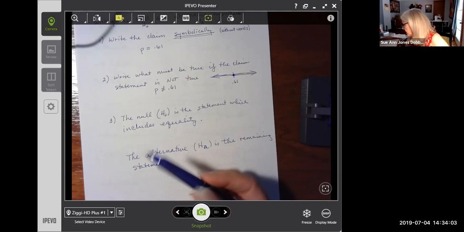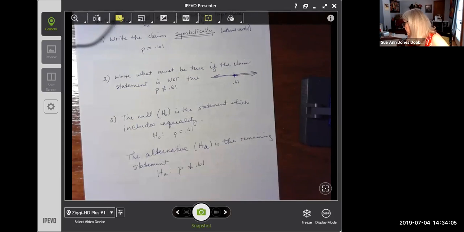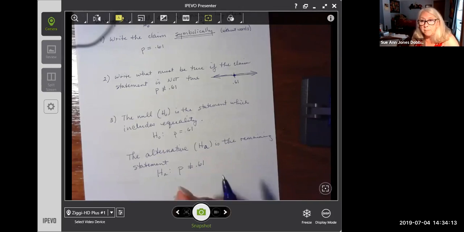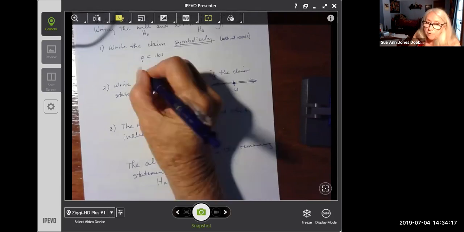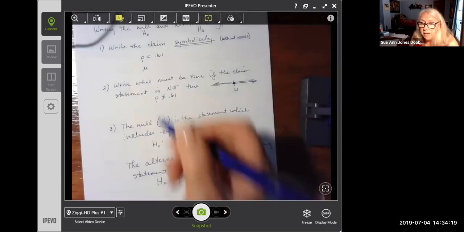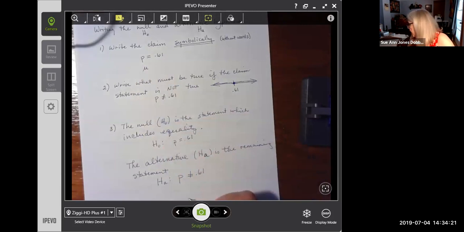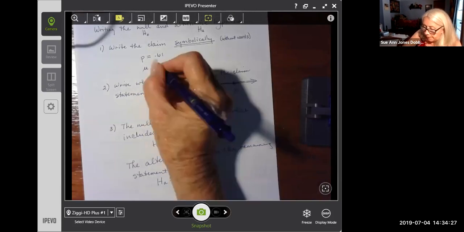It says a car dealership announces that the mean time for an oil change is less than 15 minutes. Now it mentions the word mean time, so now I know that my test is about a mean. The symbol for mean is the population symbol mu, and it says that that mean time is less than 15 minutes, so that's the less than symbol.